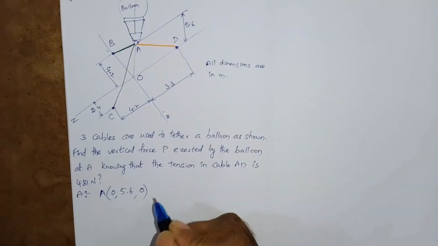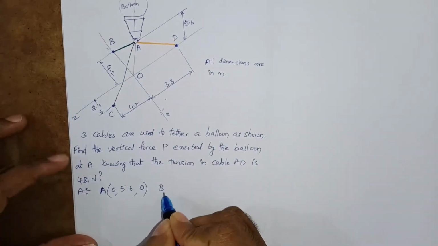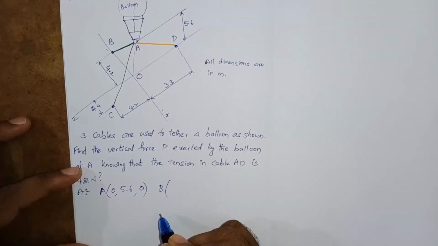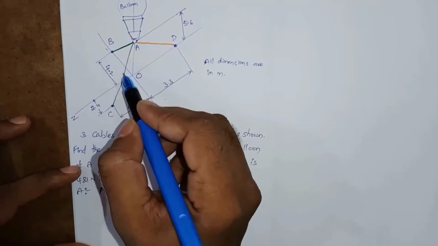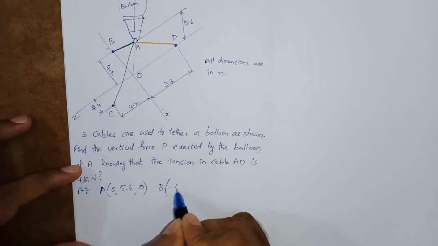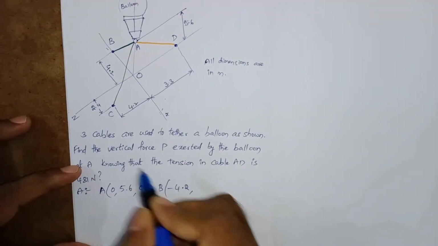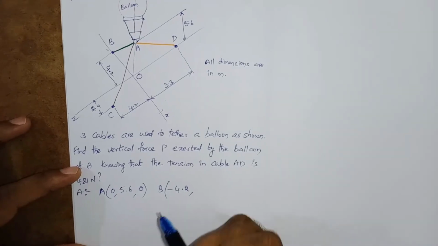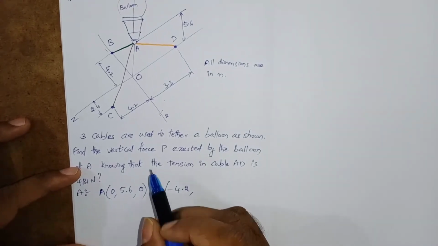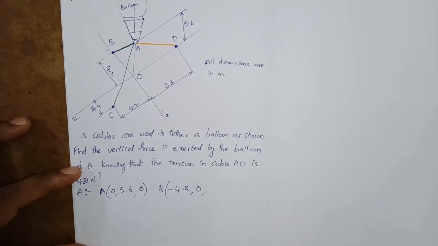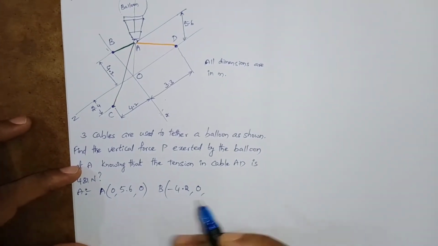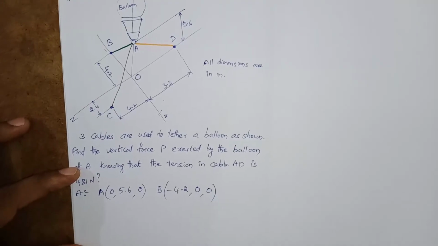Similarly, coming to point B, the x coordinate is along the negative x-axis, so it is minus 4.2, and it is lying on the x-axis, so there is no y coordinate, so it is 0, and also no z coordinate, so 0.